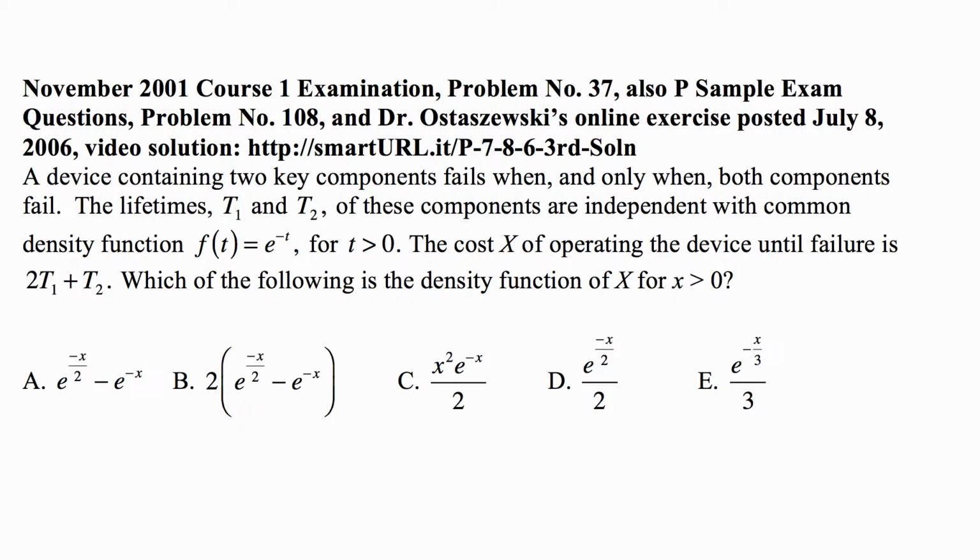The lifetimes T1 and T2 of these components are independent with common density function f of t equal to e to the minus t for t greater than 0. The cost X of operating the device until failure is 2T1 plus T2. Which of the following is a density function of X for X greater than 0?